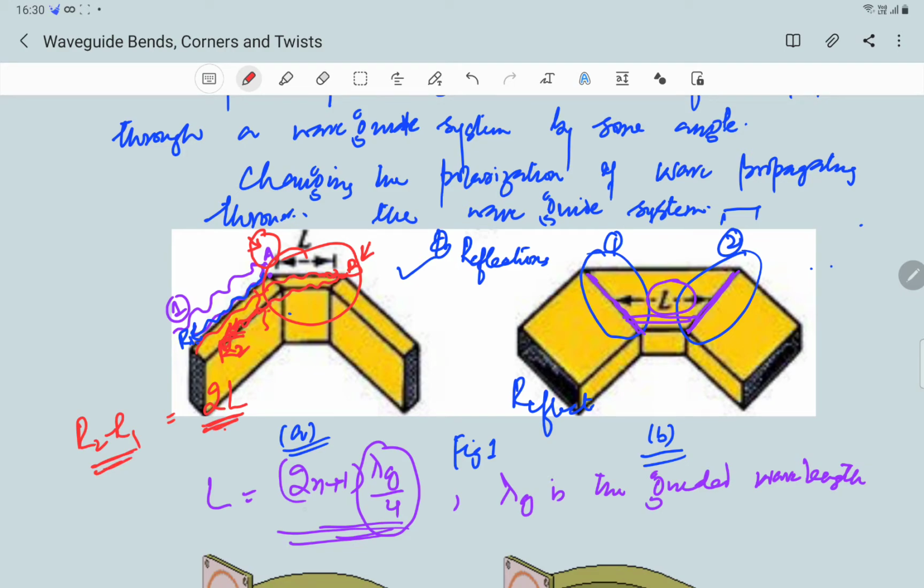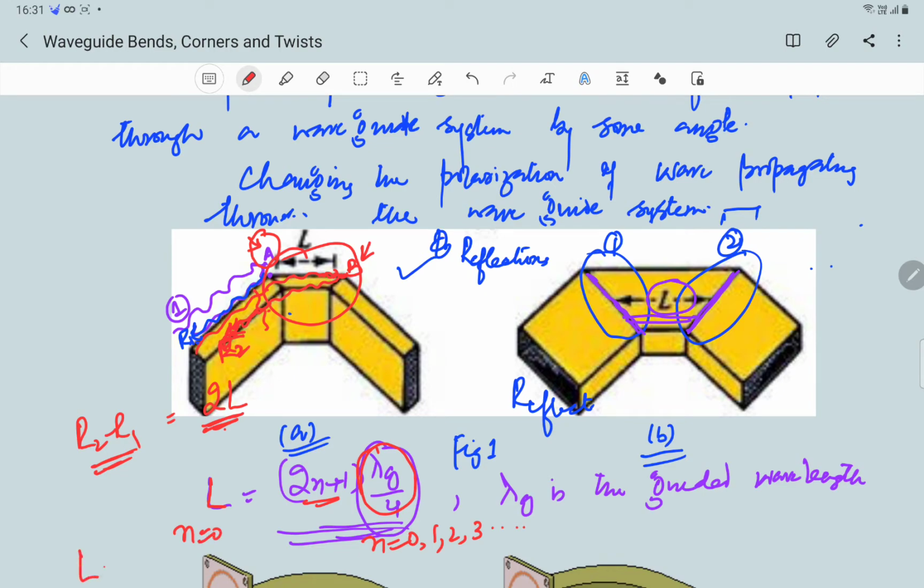And as already said, this L should be an odd multiple of lambda g by 4, so as to avoid the reflections, where n can be 0, 1, 2, 3, and so on. So let's assume n is 0.